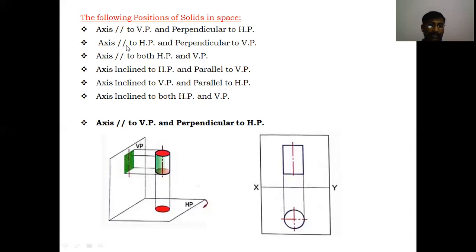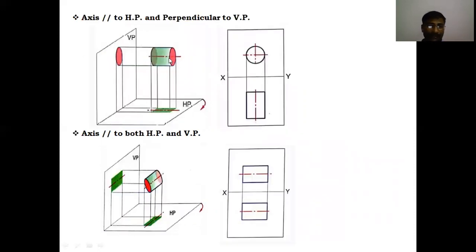Second position, axis parallel to HP and perpendicular to VP. Position of the solid is like this. I have taken only one example here, the cylinder. The cylinder axis is perpendicular to VP here, parallel to HP. When the solid position is like this, we should draw the front view first, because in the front view itself the base is visible.